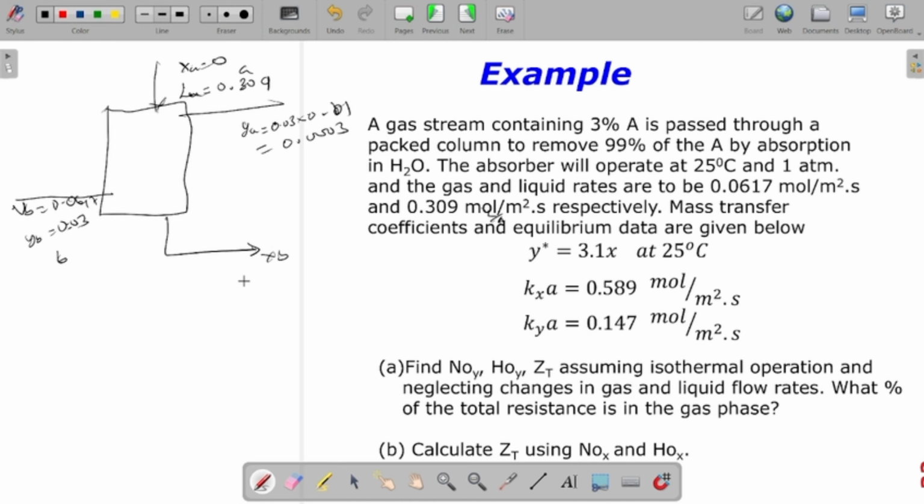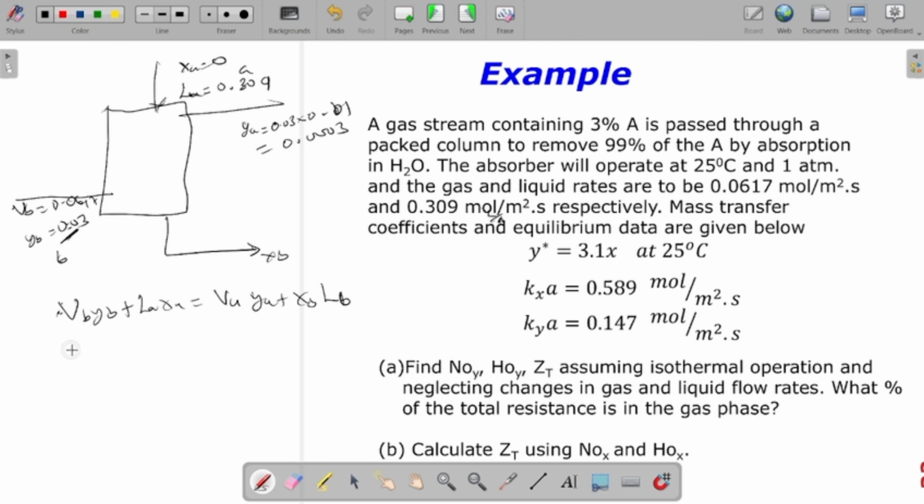And this is XB. I don't know XB. And since the percentage over here is 3%, which is less than 10%, you're talking about a dilute situation. So here, when I have inward, I have VBYB plus LXC being equal to VAYA plus LXB.